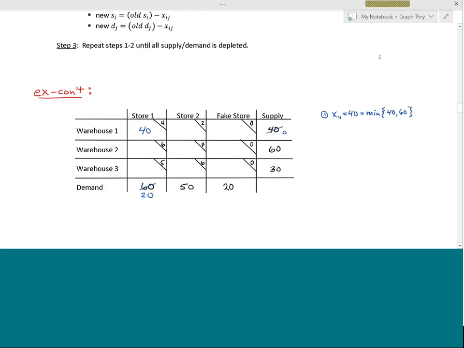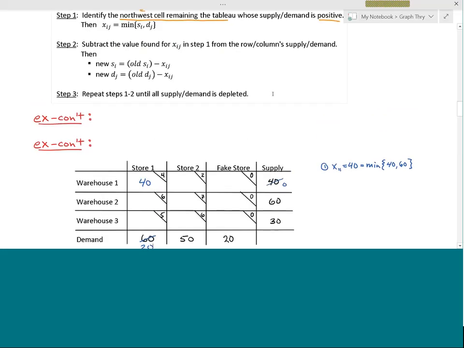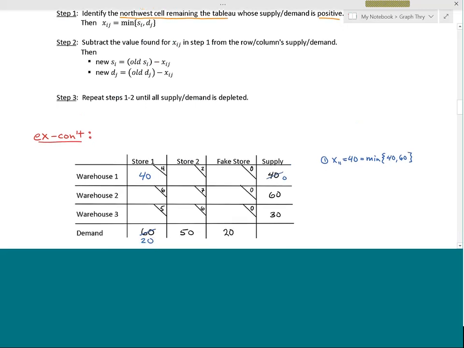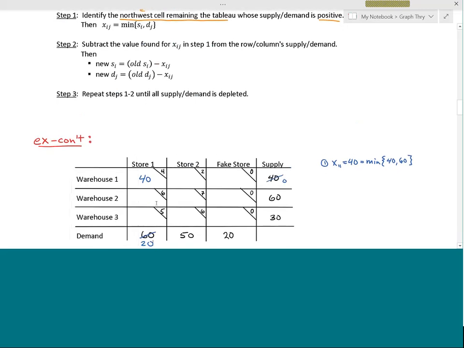So we still have 20 units of goods that store 1 is demanding. So that means somewhere warehouse 2 or 3 needs to pick up that additional. Now, next thing we look at, this first row is now out of commission, out of play. So in the remaining 6 cells, all 6 of them dealing with shipping from warehouse 2 and 3, we look for our next northwest corner.